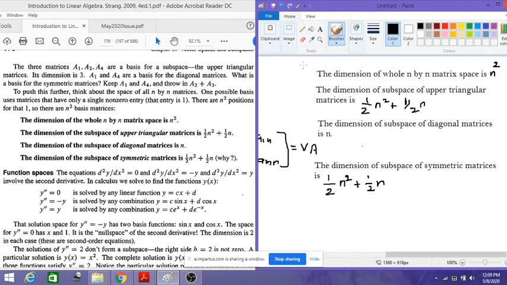So these are the few points to remember when dealing with the dimension of matrices. If it is an n cross n matrix, its dimension is n square. The dimension of the upper triangular matrices is half n square plus half n, and the dimension of a diagonal matrix is n, the number of columns. And the dimension of the subspace of symmetric matrices is half n square plus half n.